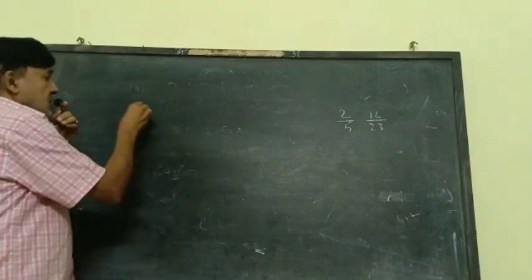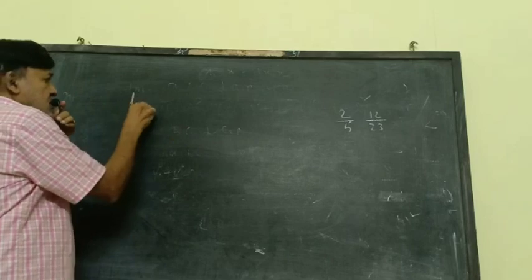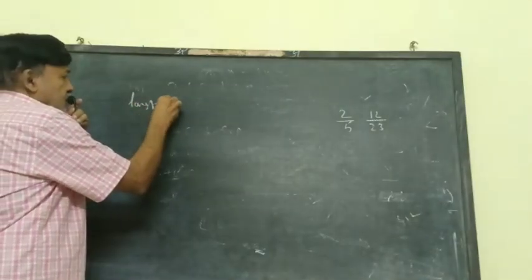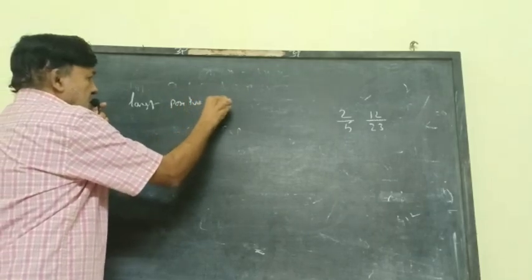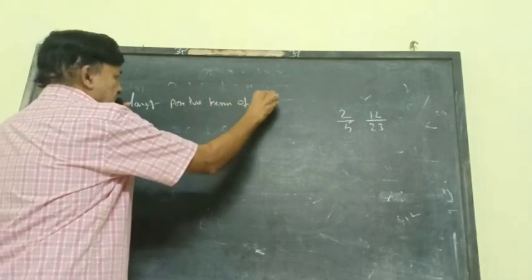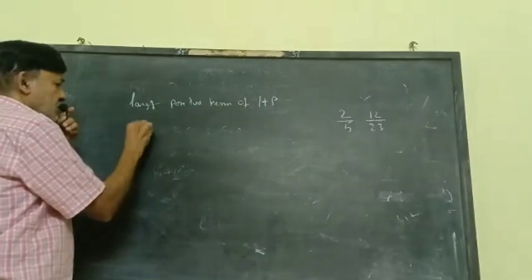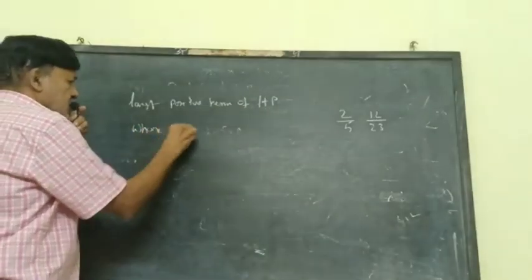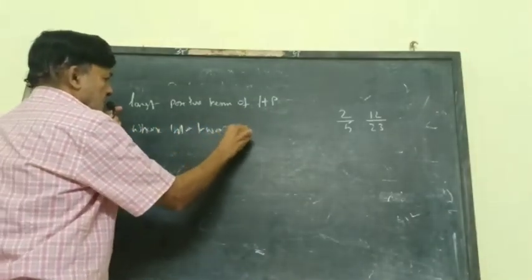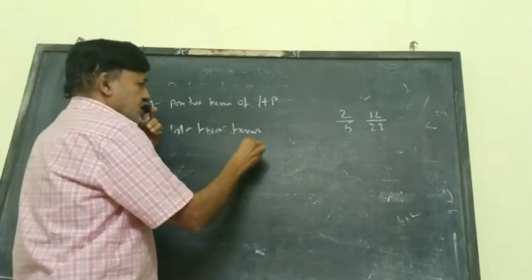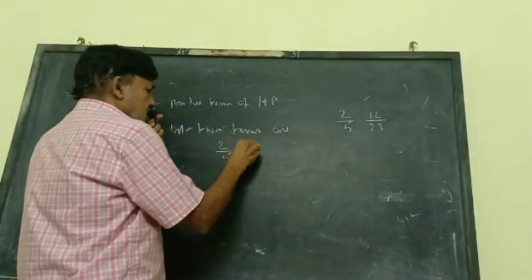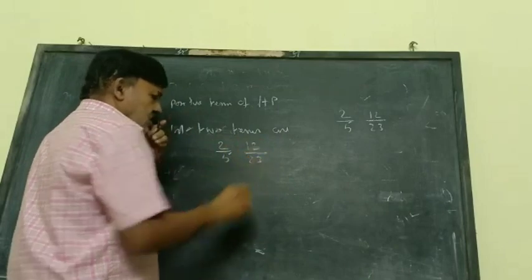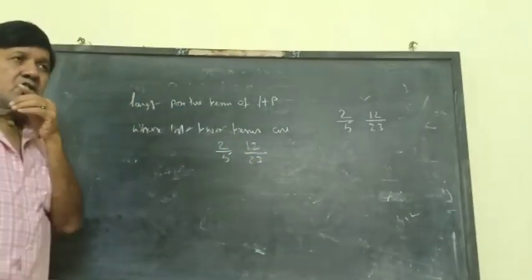Write on this. Largest positive term of HP whose first two terms are 2 by 5, comma 12 by 23.